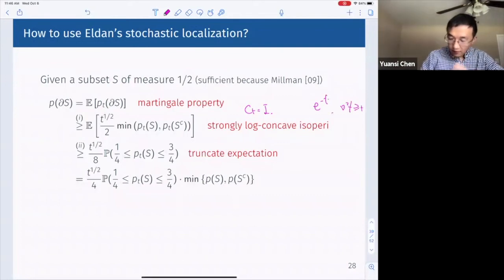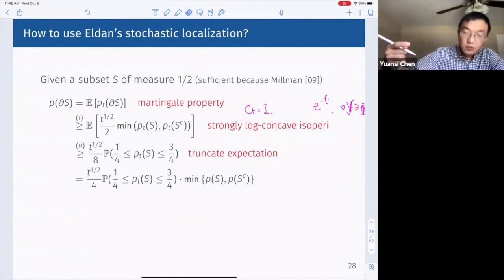You cannot do it for the uniform distribution as well, but we just do it for simple cases. Then when you have a strongly log-concave density, we know, using other techniques or using the needle decomposition, that it has an isoperimetric coefficient of order square root of t. Okay, so that's applying the isoperimetric inequality for the transformed log-concave density to make the t to the 1/2 appear.